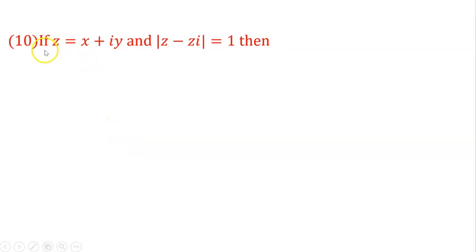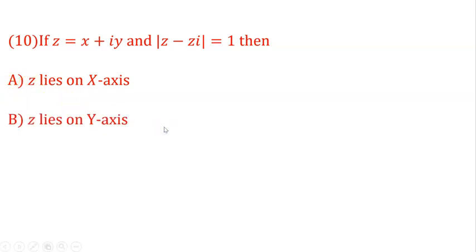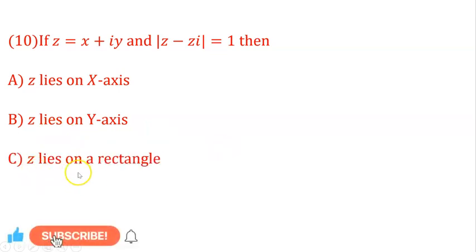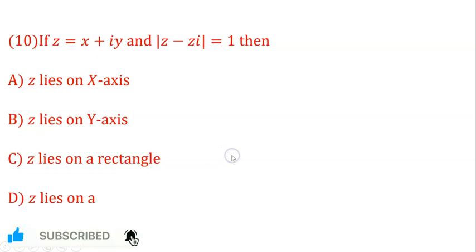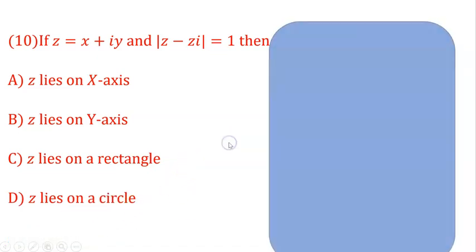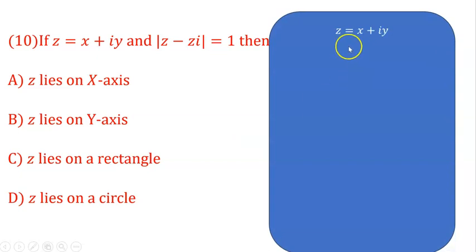Now next question: if z equals x plus iy and mod of z minus zi equals 1, then option A is z lies on the x-axis, B is z lies on the y-axis, C is z lies on a rectangle, and D is z lies on a circle. Now we'll simplify this. z equals x plus iy.